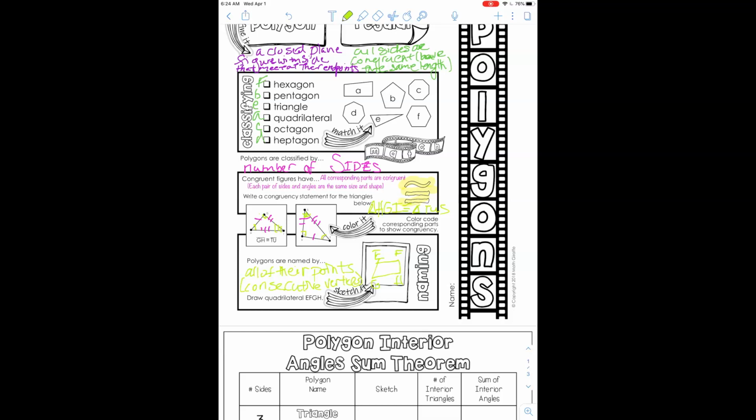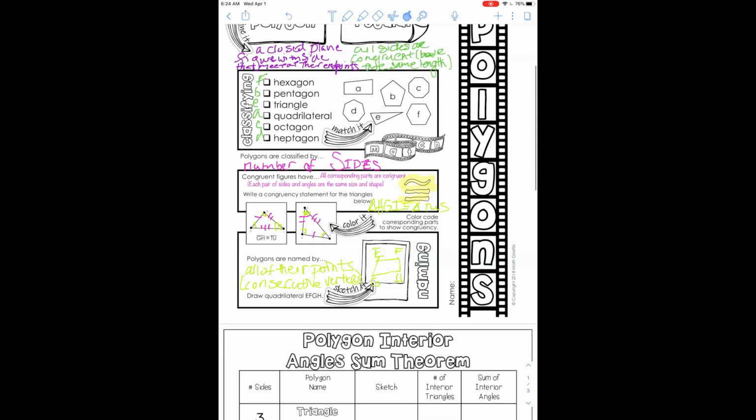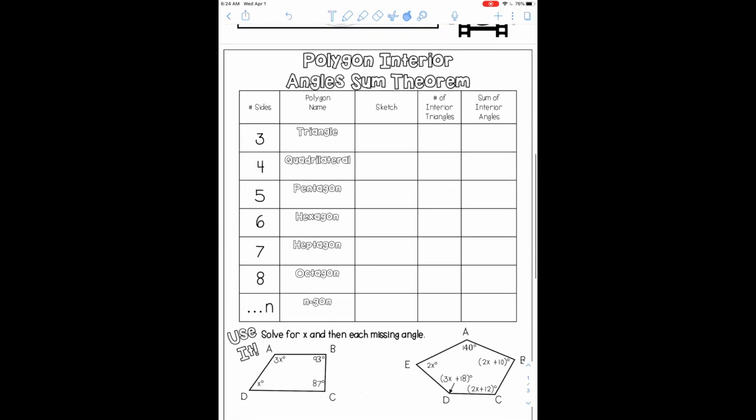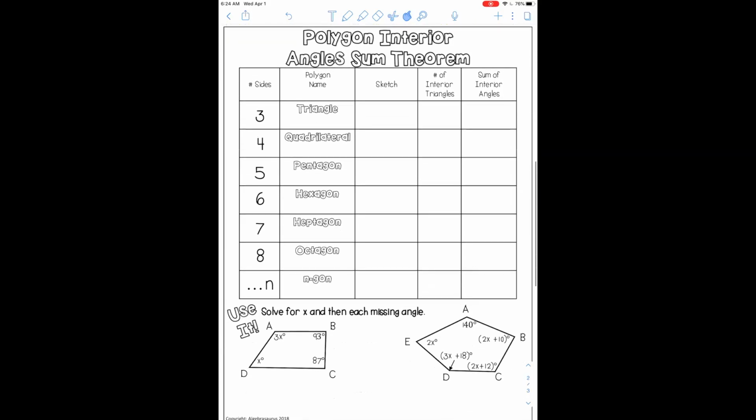So now let's get into the interior angles. We're going to investigate our interior angles. So we have our triangle.